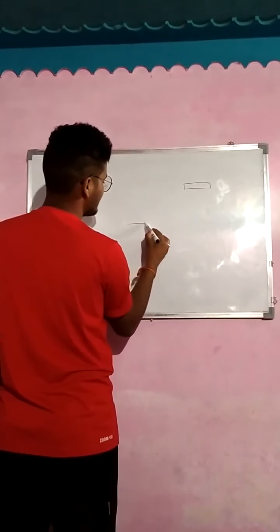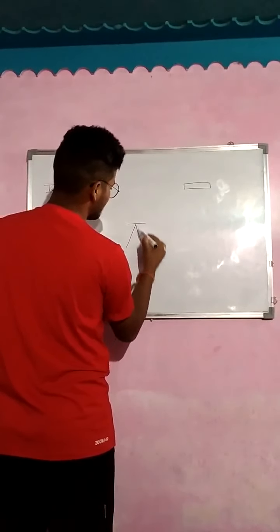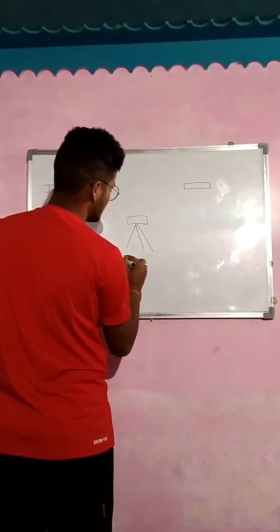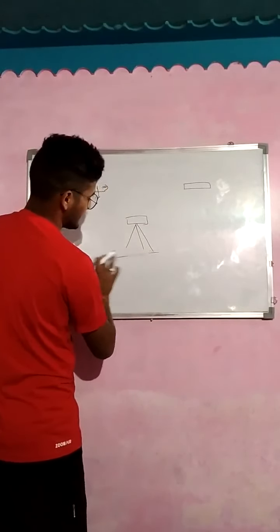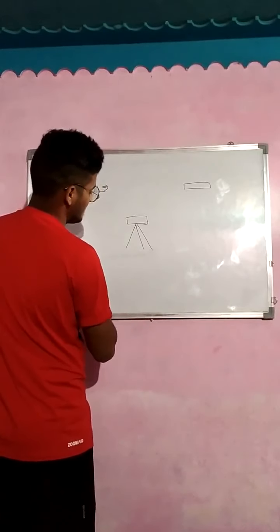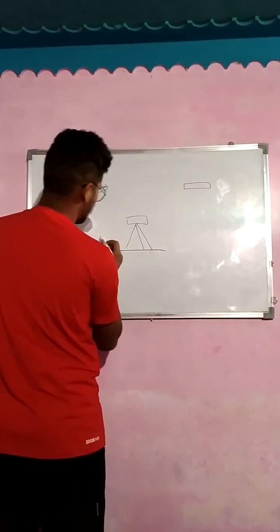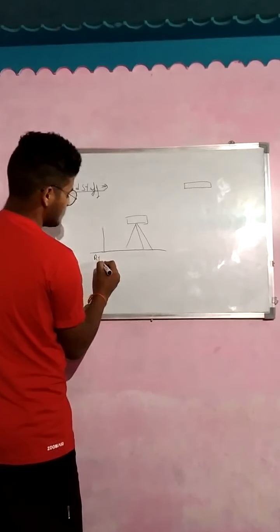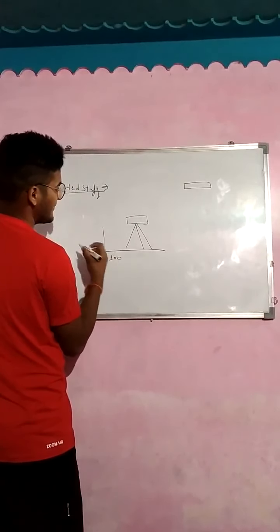If we are going to measure, this is your instrument setup, this is your ground level, and this is the back side, and the RL is given as 100.